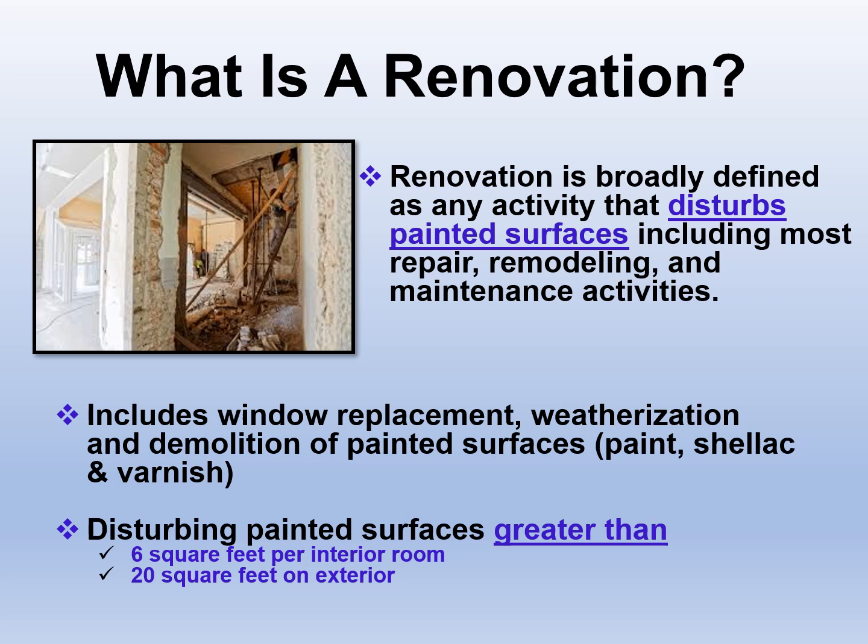Now, when we talk about the RRP, if there's a disturbance of a certain amount of these lead-based materials or surfaces greater than 6 square feet per interior room on the inside, and/or 20 square feet total on the exterior surfaces, then once those numbers have been triggered, the provisions of this RRP rule will take place.